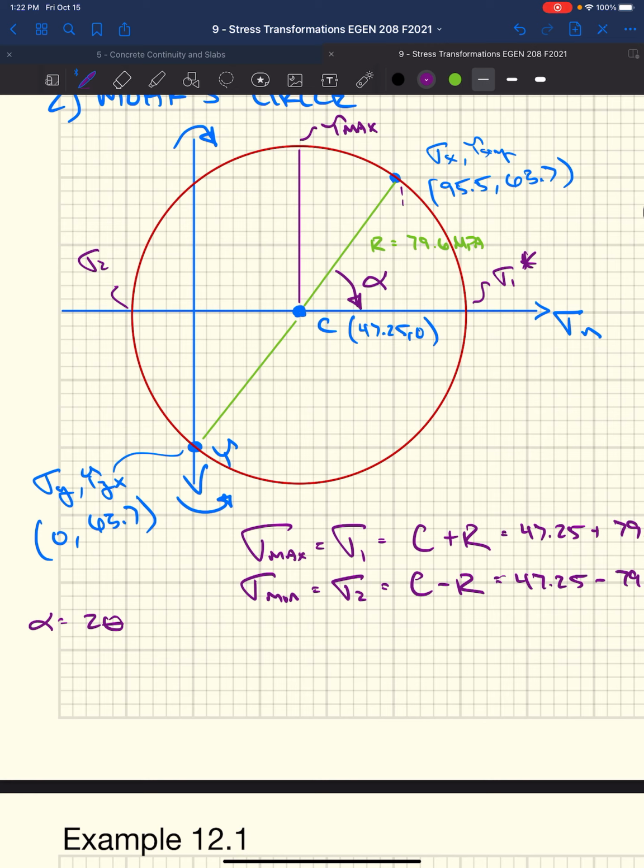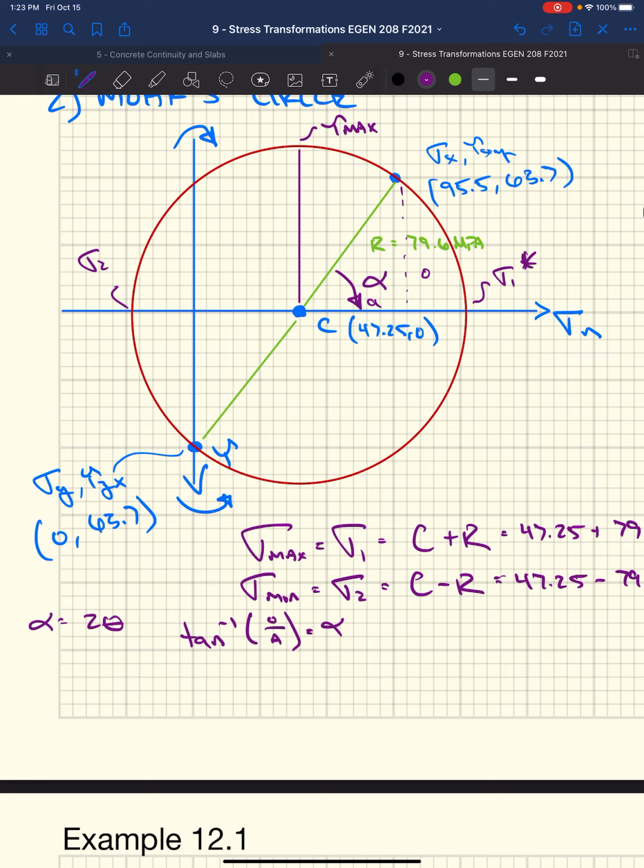Well, we know alpha is essentially made up of a trigonometric function. We can call it tangent, or the inverse tangent. The inverse tangent of opposite over adjacent gives us our angle, alpha.